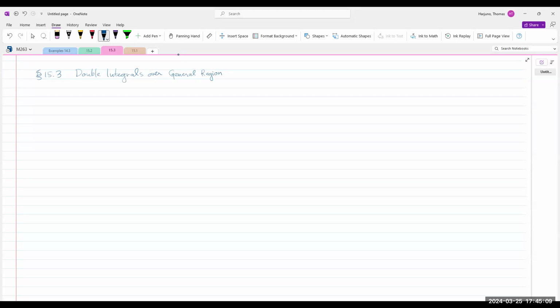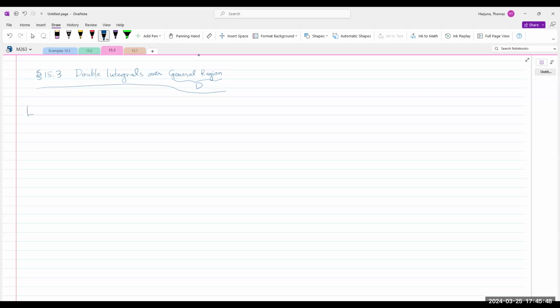Now to differentiate general region and rectangle, we will call general region now a D. And you will see the first focus of our work today is basically on how to set up the integral. I would like to go over how to set up these double integrals and hopefully in future triple integrals, doing the following, going long way backward.